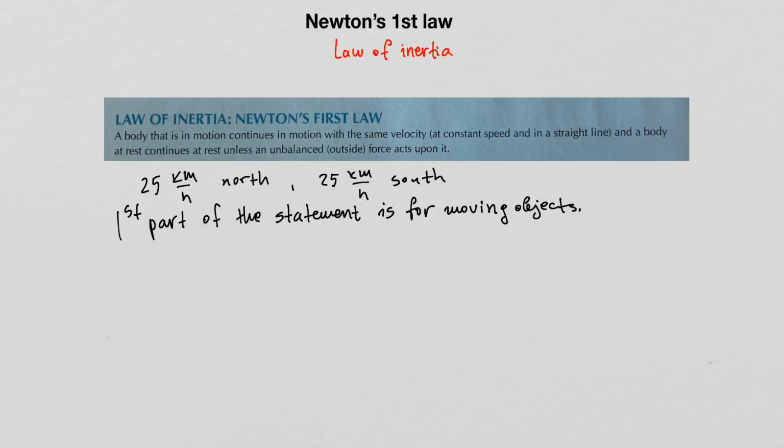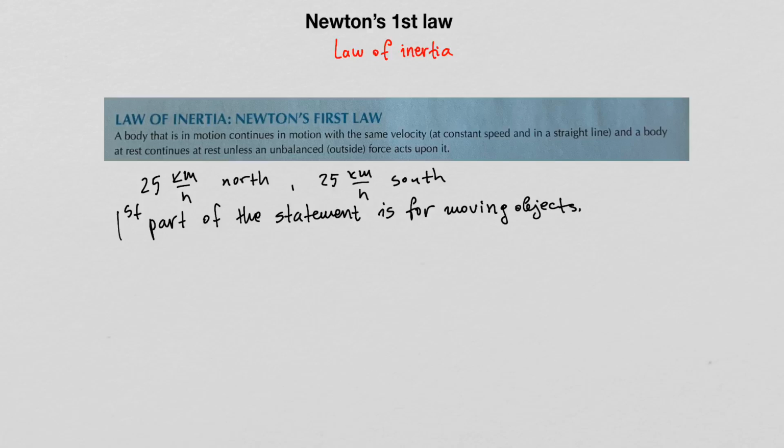There is no unbalanced force that acts on it. However, if somebody decides to pick it up, now an unbalanced outside force is applied to this 2x4, to this object, and now this object is no longer at rest, it is moving.